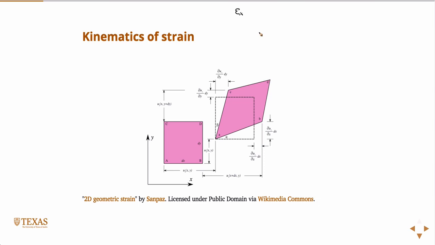So if this is the reference configuration, the undeformed configuration, and this is the deformed. So in other words, I start with a cube or square, and I apply some forces to it, and it translates and deforms into this shape. Okay.